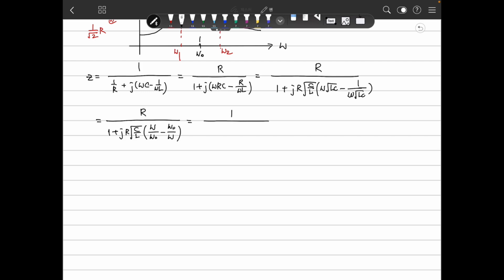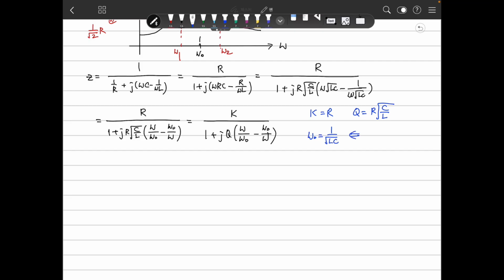And rewrite this as K over 1 plus J Q omega 0 times omega minus omega 0 here. K is 1 over R and Q is R root of C over L here, and omega 0 is 1 over root LC.